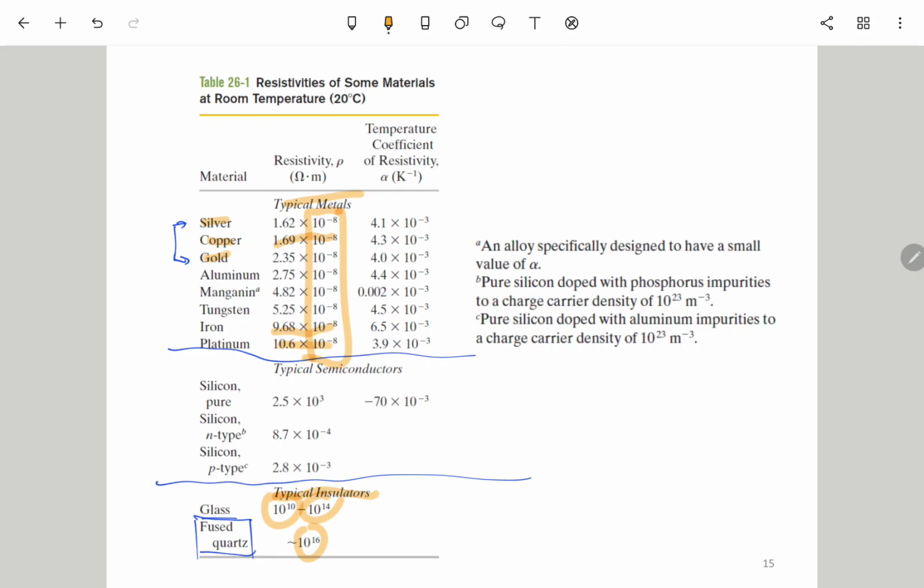So you see the difference between this kind of conductor and insulator. Actually, the resistivity is still finite, so there might be some very small current. But the point is the voltage, or the potential difference, needs to be sufficiently high so that the current might still go through a typical insulator.